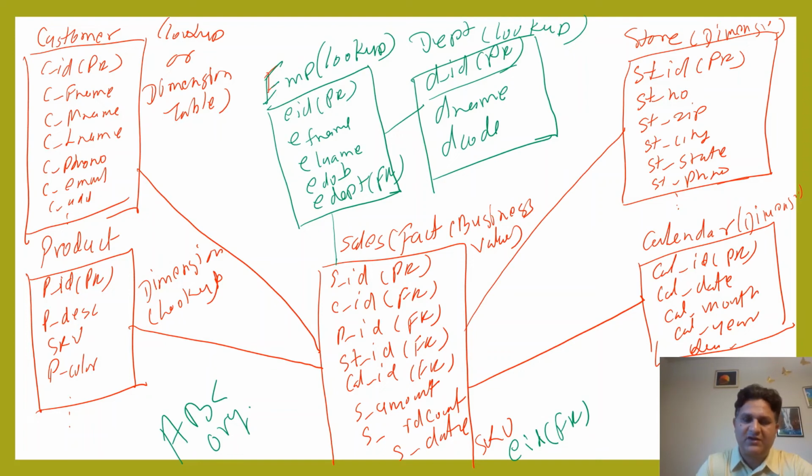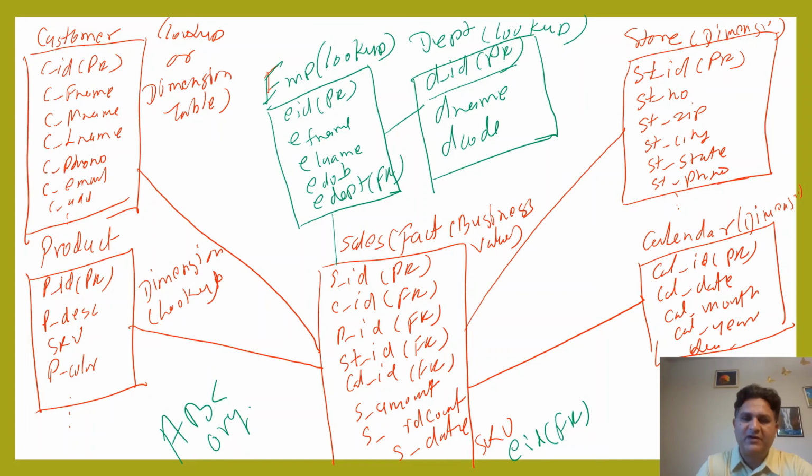So let's say, for example, business users are interested to see, for a particular department, how much product these employees are purchasing. Then what you will do, you have a join between sales, employee and department. It's a little bit complex compared to what we have discussed before.